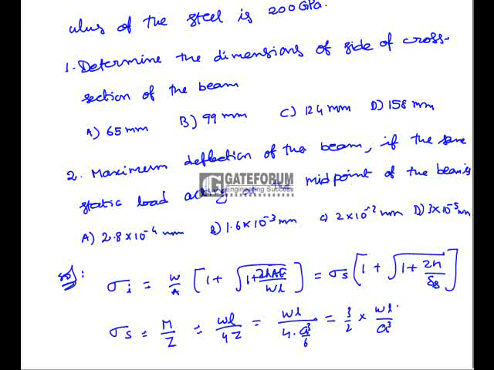Here W and L are the known values: W is 2 kilonewton and L is 300 mm. Substituting these values gives 9 into 10 power 5 by A cube. So this is the static stress induced in the beam.